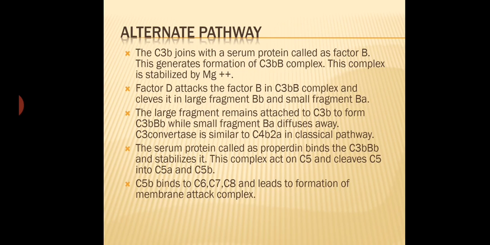Later on, the factor D is involved in this process. The factor D attacks the factor B in the C3bB complex and cleaves it into a large fragment Bb and a small fragment Ba.